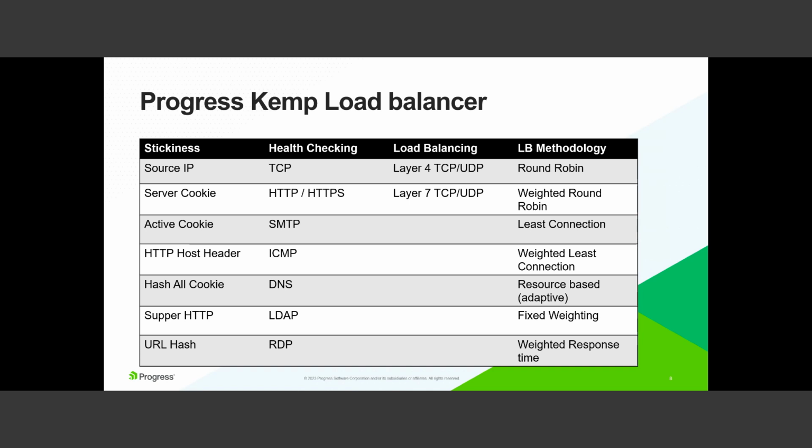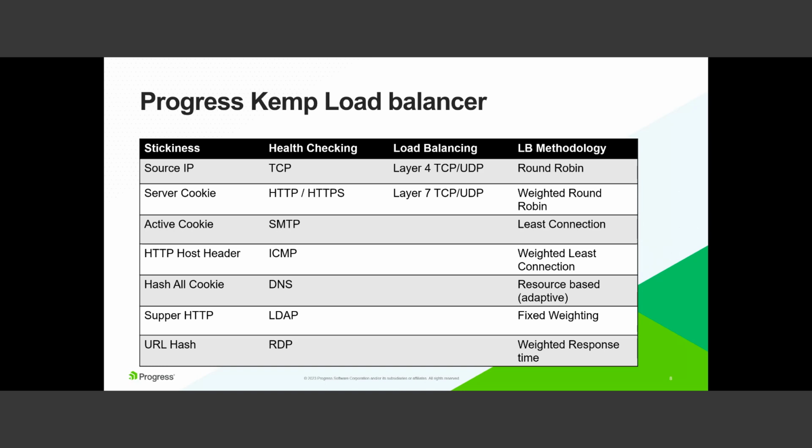Is your server setting a cookie and you'd want the load balancer to utilize that cookie for persistent connections for incoming requests? The LoadMaster can go ahead and use that server-set cookie for the persistence option.